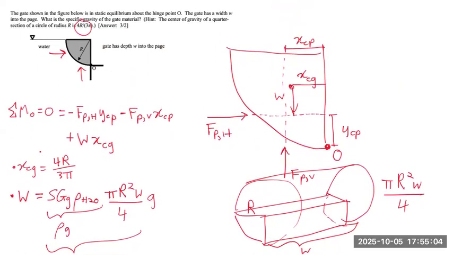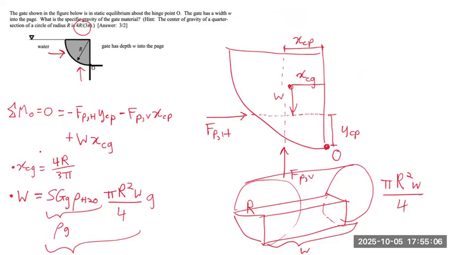It is going to be given in magnitude by the vertical projection of the area of the gate multiplied by the density of water multiplied by gravity and multiplied by the centroid of this vertical projection of the area.